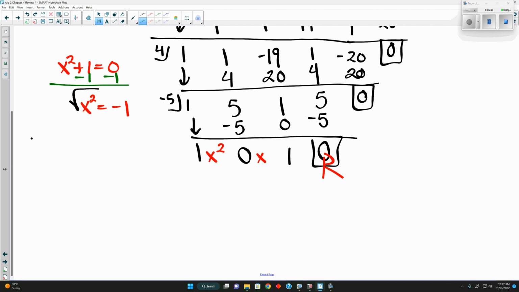And then we can square root both sides, telling us x is equal to plus or minus i, because i, by definition, is the square root of -1. So we have i, -i, 1, 4, and -5. And those are our solutions.